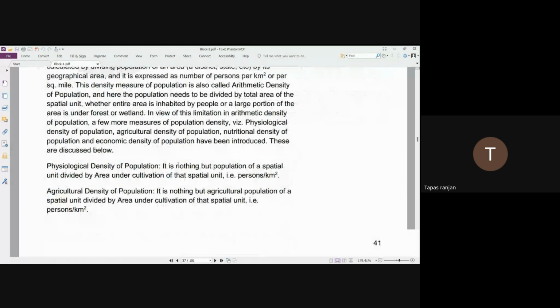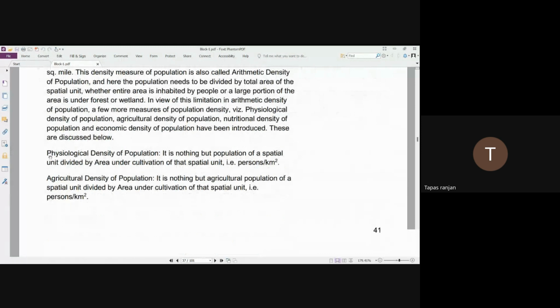Then we have physiological density, which is the total population divided by the area under cultivation. It gives us data about whether the cultivated land is under pressure or not.